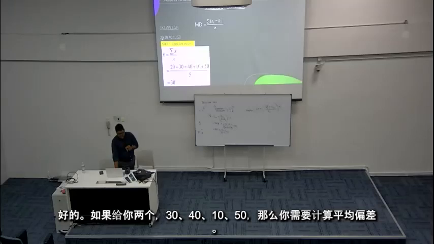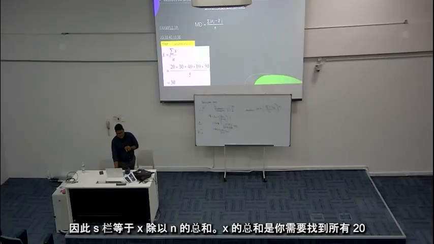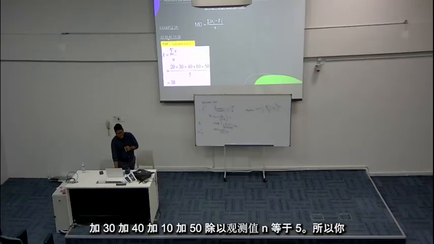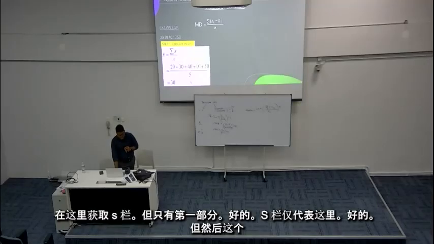If you are given 20, 30, 40, 10, 50 and need to calculate the mean deviation, X bar is equal to the summation of X divided by n. The summation of X is 20 plus 30 plus 40 plus 10 plus 50, divided by the number of observations, n equal to 5. So you get X bar.